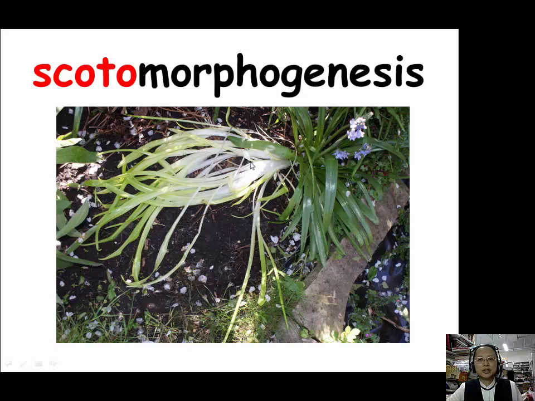This plant is grown in an area where half of it has a lot of light and the other half is completely dark. So you can see that part of the plant performed scotomorphogenesis and the other one is quite normal. Usually we say this part is doing photomorphogenesis, which we will introduce in the next part of this lesson.